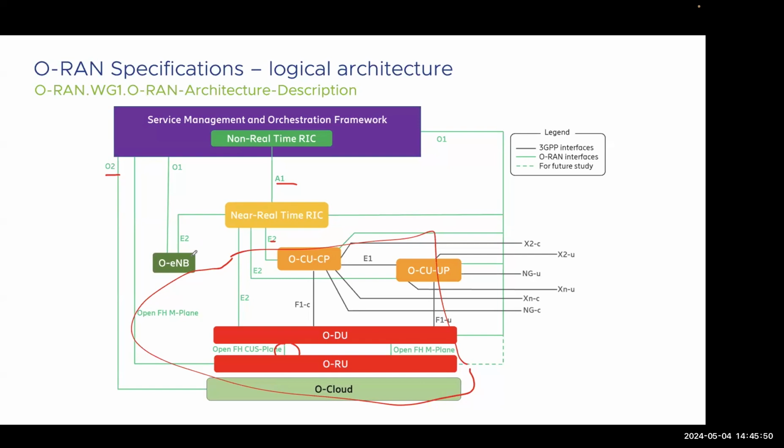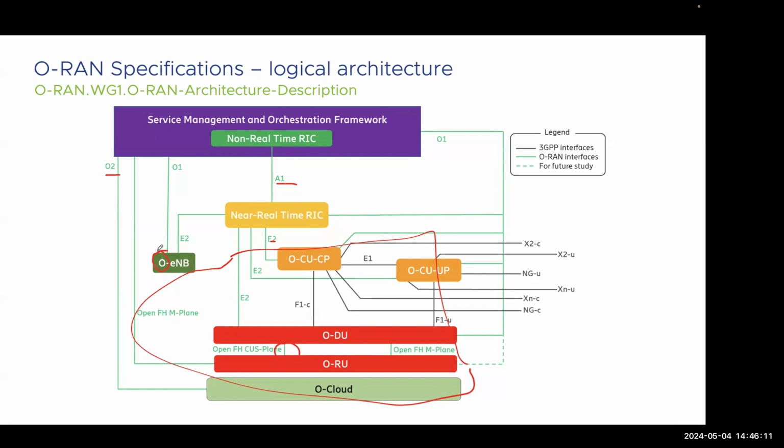So now, ORAN Alliance said that they will focus their specification on the 4G technology and the 5G technology. So whenever the letter O appears, it means that this function or this node or this device or this piece of software is ORAN compliant. So we call it O E node B for the 4G.